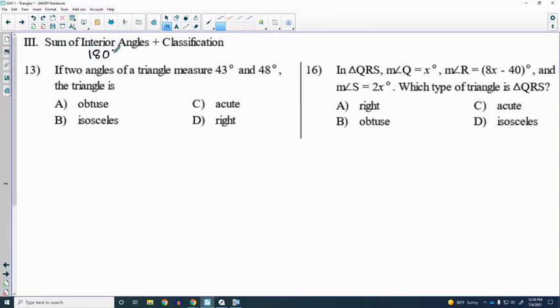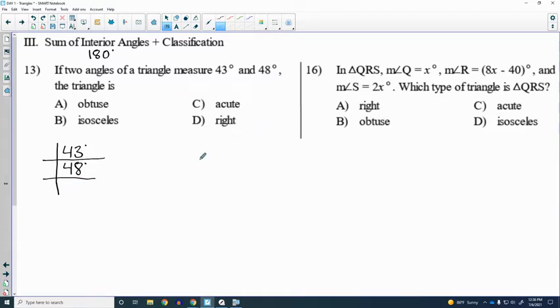180 degrees. And one thing that I would like you to remember about classification is make sure you always know all three angles before you classify. Here, they're only giving me two, 43 degrees and 48 degrees. So I'm not going to classify this triangle until I know my third angle.